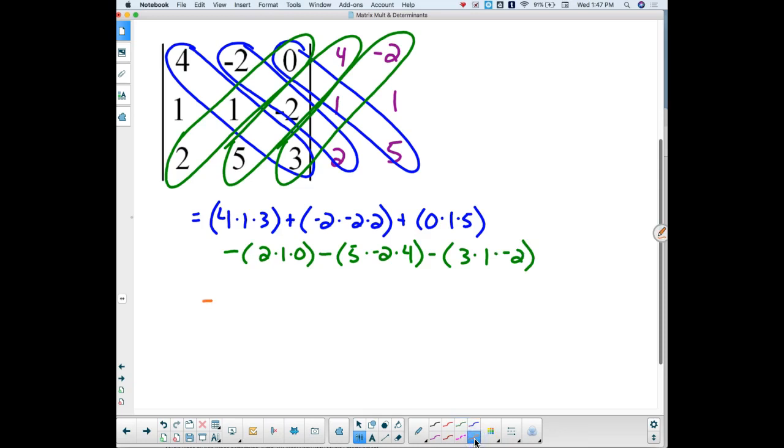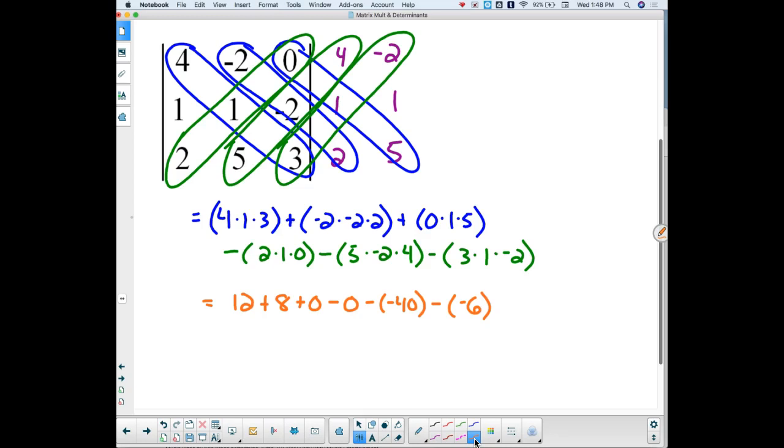So that's what? 12 plus 8 plus 0 minus 0. 20, 40 minus negative 40 minus negative 6. 12 plus 8 is 20.